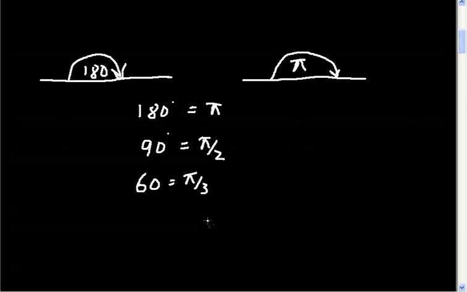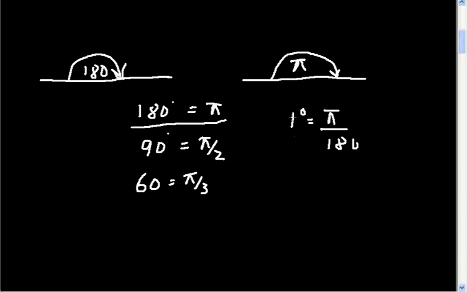That's easy enough. Now we'll have to figure out a way where, if you're given a certain angle, how do you work that out in radians? This is what you do. It's very easy to remember: 180 degrees is pi. So therefore 1 degree would be equal to pi divided by 180. You just rearrange it.